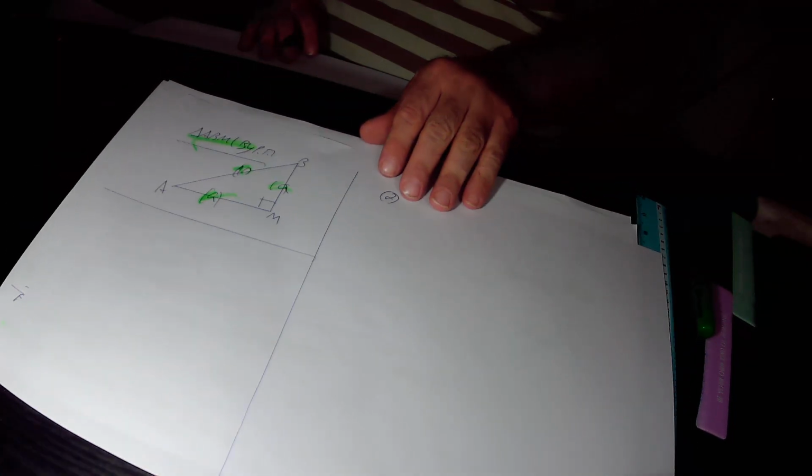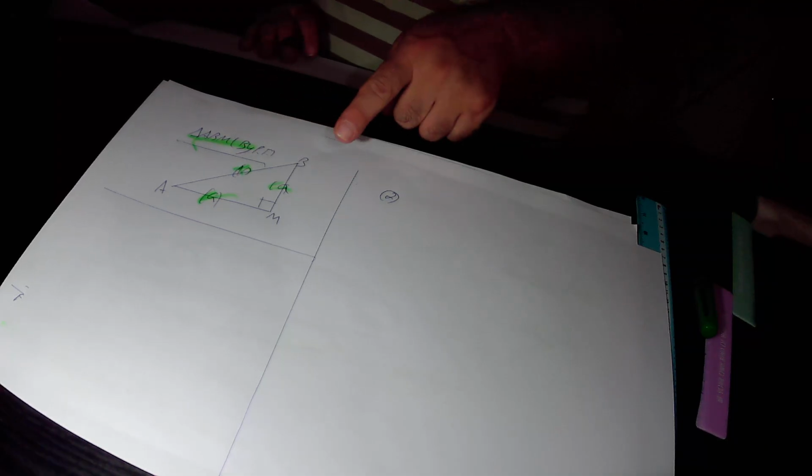So this is the right triangle ABM, coming from the original drawing. According to the Pythagoras theorem, BA squared, the square of the hypotenuse, equals BM squared plus MA squared. So write it down.